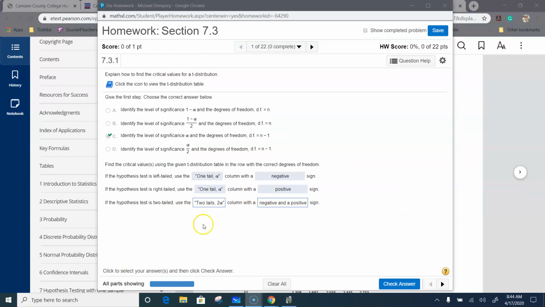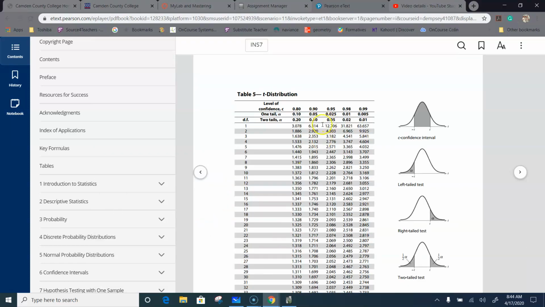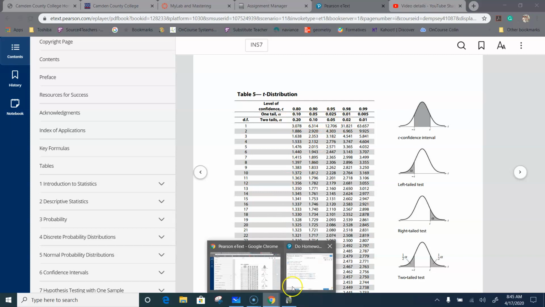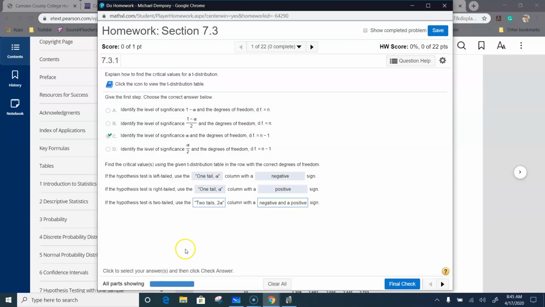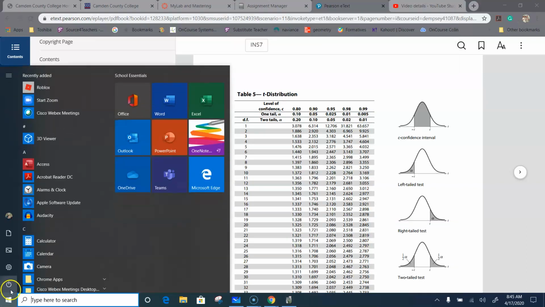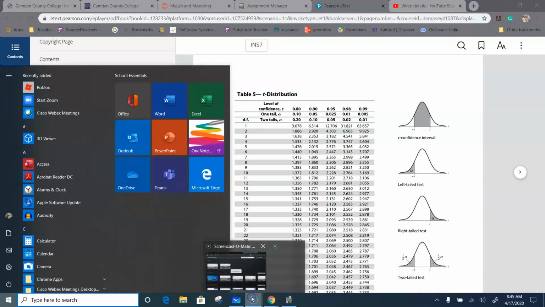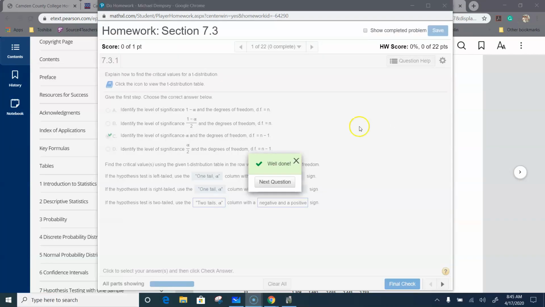So on the t-distribution we do have a two-tails column. It makes life really easy for us, and we can pick that, and then we would have a positive and negative sign. So make sure that's two tails alpha, not 2 alpha. Sorry about that.